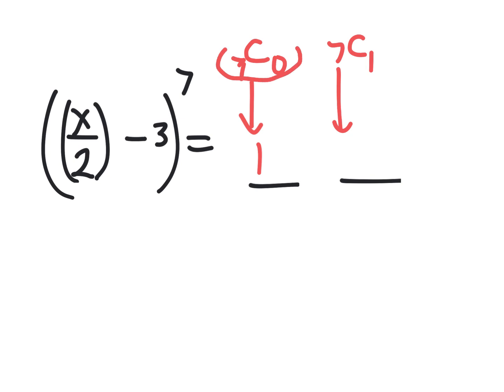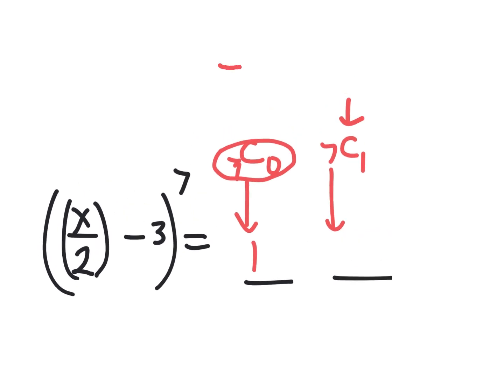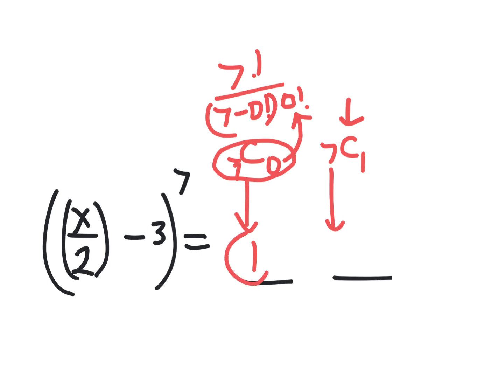And 7C0 would have been 7 factorial over 7 minus 0 factorial with an extra one of those. The last number in it gets repeated on the bottom. And 0 factorial is really equal to 1. So that's why this one came out to 1, because it's really just 7 factorial over 7 factorial. So it's 1.